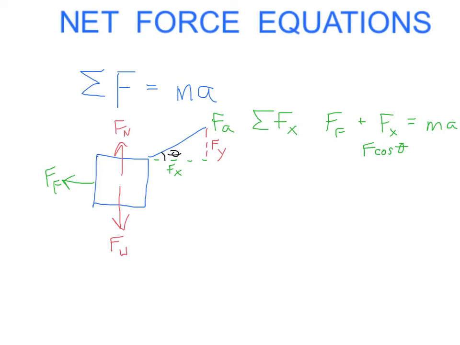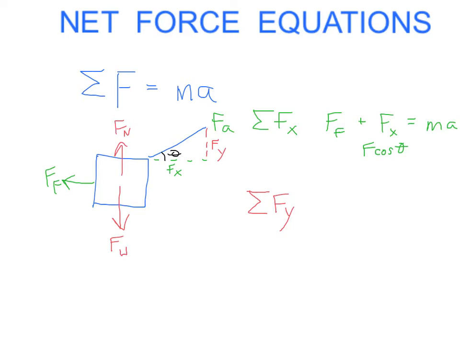Now, when there's motion, we set the equation equal to mass times acceleration. Typically for these, everything is given but one element, and then we use this net force equation to solve for the one thing that we don't have. If we look at everything in the vertical, we can add those together into a net force equation.